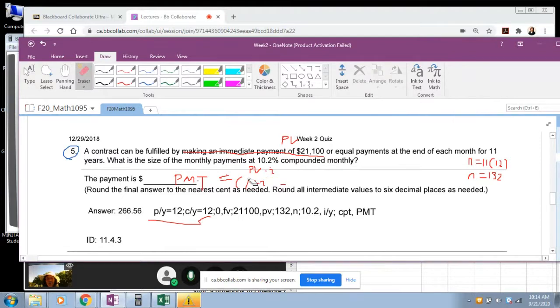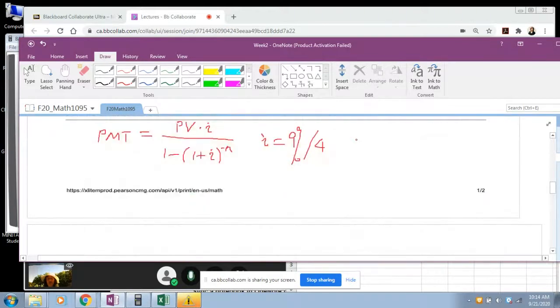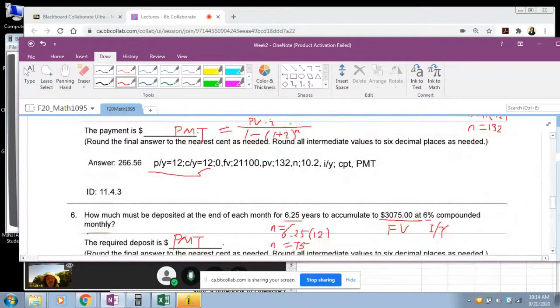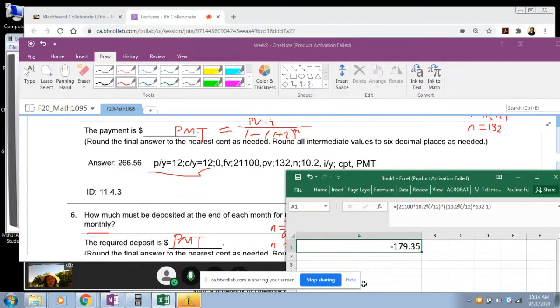Thank you, some students pointing out. So the formula is PV times I over 1 minus bracket 1 plus I raised to power n. Okay, so this is the formula. Double check, see, raised to power negative n. Negative n. So this time should be okay.